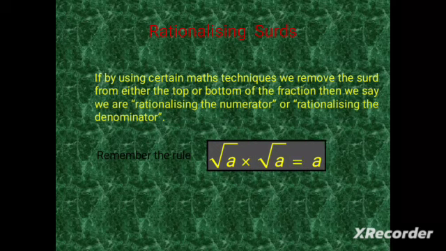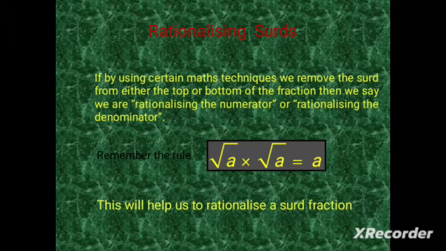We shall see this in our examples below, and we carry on with our rule, that the square root of a times square root of a is a. This will help us to rationalize a fractional surd.